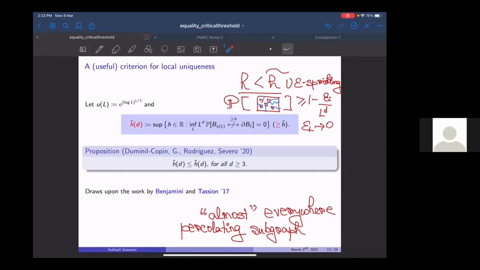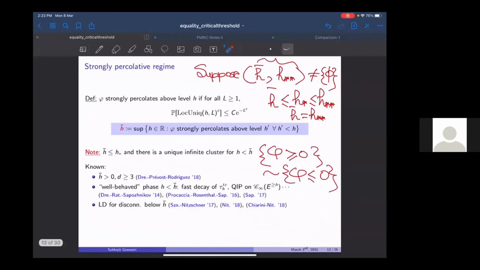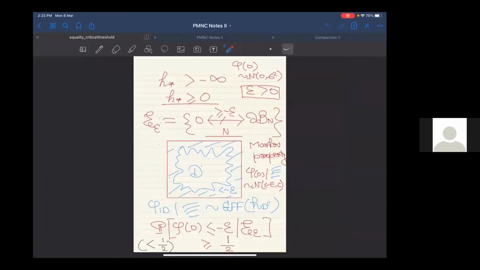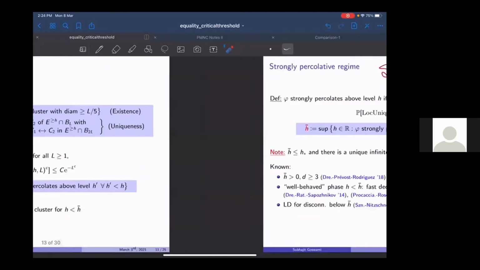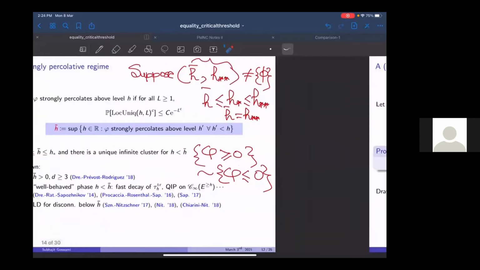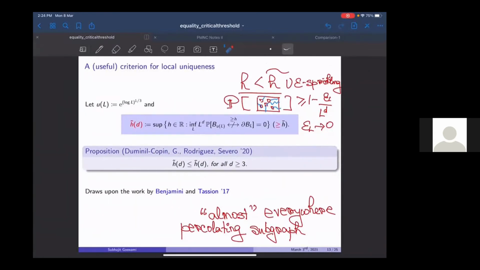The other side is actually quite clear. Again, the argument that I presented to you last time, if you remember, applies, and you can prove that you'll have very good probability of having this picture under the assumption that h is less than h bar, thus giving you that h tilde is bigger than or equal to h bar.